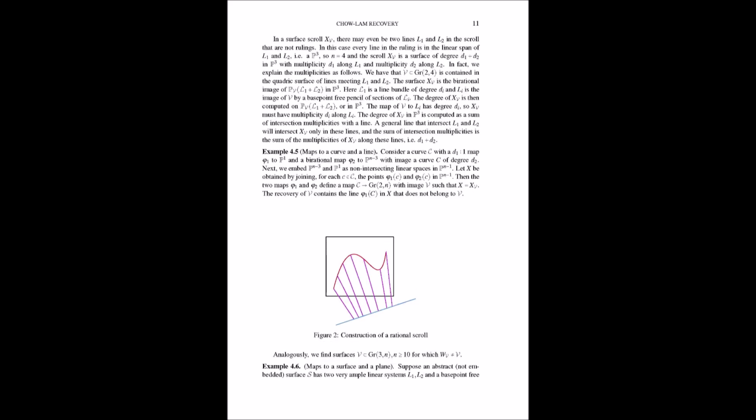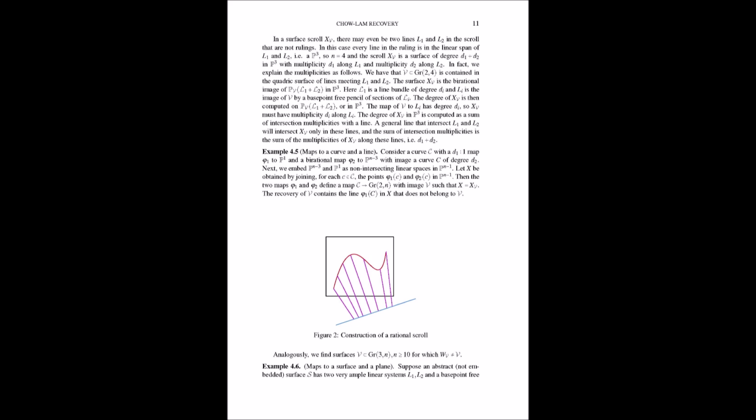So different weaving patterns, so to speak, can result in the same overall shape, at least from the perspective of the Chow Lam form. Precisely. And this emphasizes that the Chow Lam form doesn't always capture all the subtle distinctions between different geometric constructions. So we have to be very cautious about assuming that the recovered variety is the one and only solution. We do. There might be other possibilities that fit the data equally well.